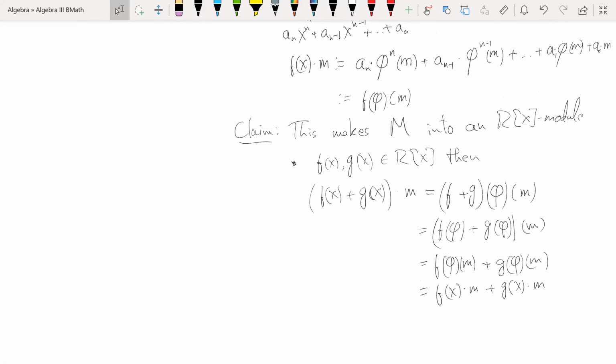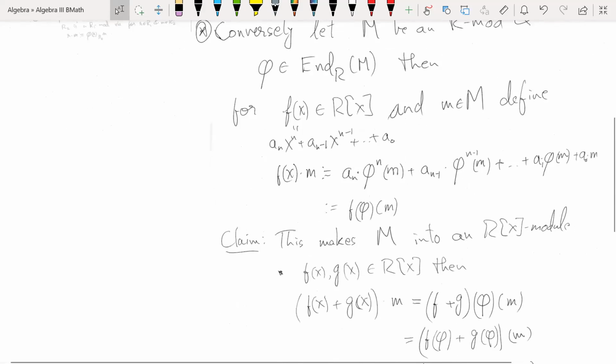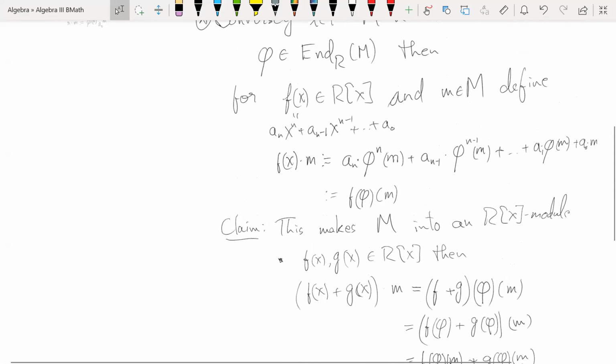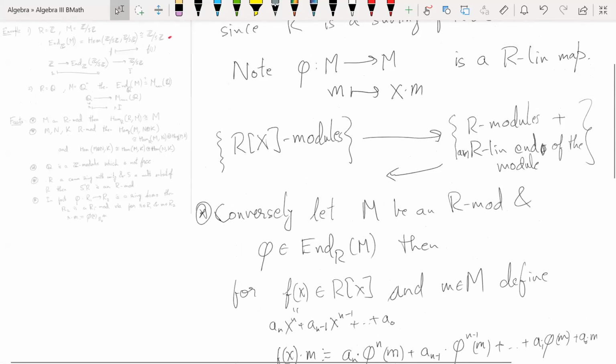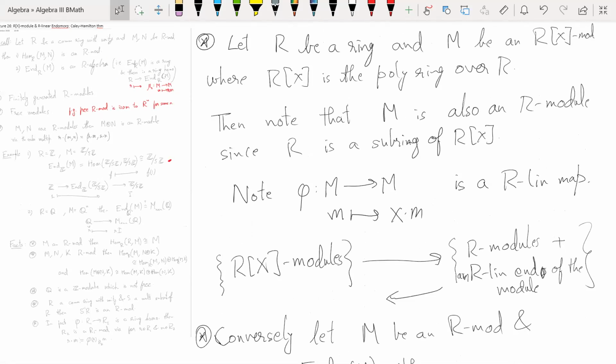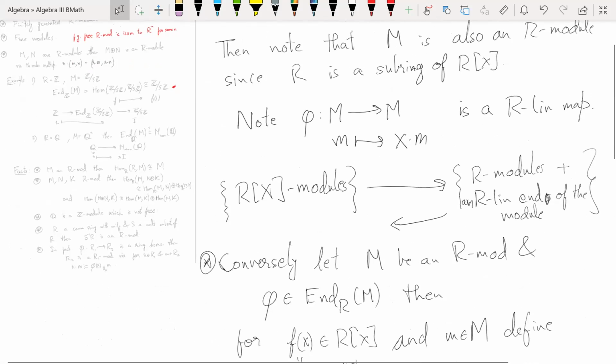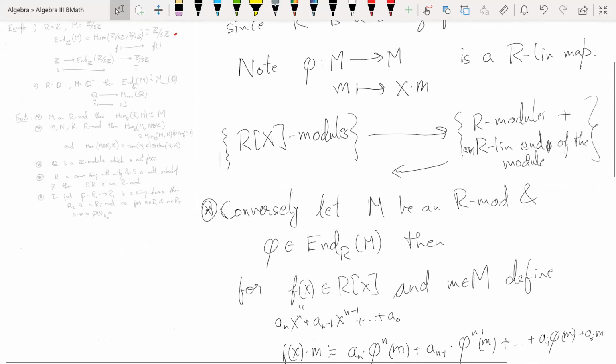So this does make M into an R[x] module, and the main claim is that this is reversible. Meaning if you start with an R[x] module M and cook up this phi, so you get an R module M together with this phi, and then you do this construction back, you get the original R[x] module.